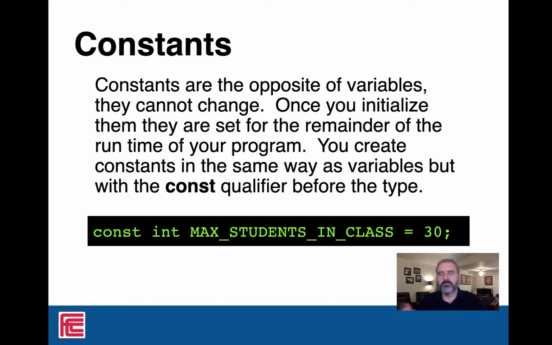In general, they're helpful for values where maybe you're going to use it in a lot of locations. And so you'd rather create a constant and then use that constant in all those locations. So if you ever did have to change it later, you could just change it in one place and it would change it in multiple. There are a few other reasons why we'd want to use constants.